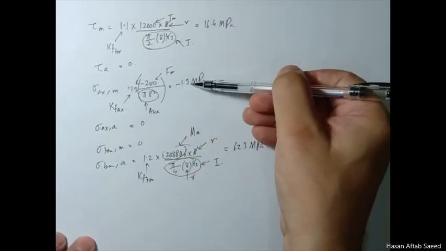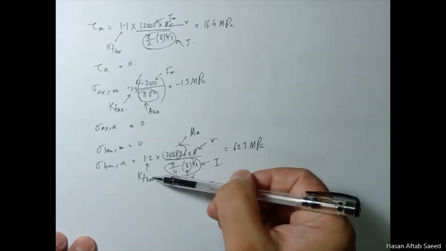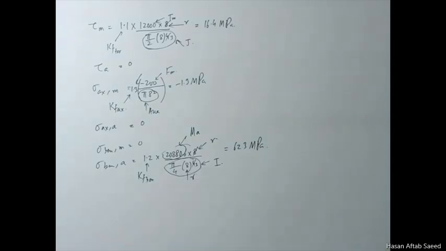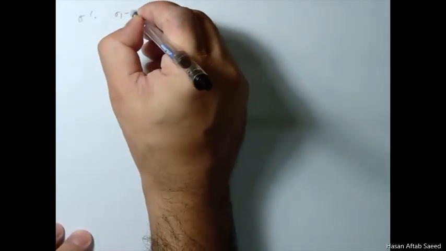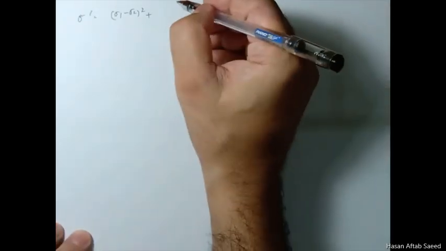this and this will give us one von Mises stress for the mid-range component. This and this should give us the von Mises stress for the alternating component, the amplitude component. Now, when it comes to von Mises stresses, there's some discussion to be had before we actually go on and calculate that. The general expression for von Mises stress is a very familiar one for the 3D case in terms of principal stresses.